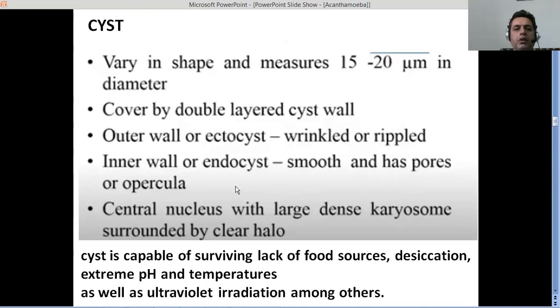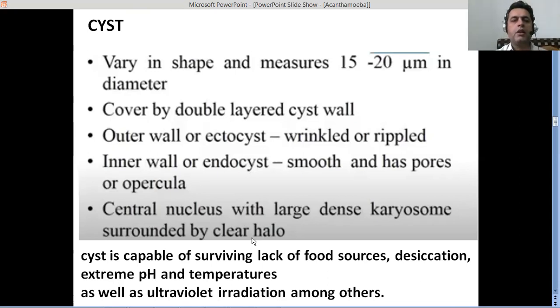has pores or opercula. These opercula or pores are for excystation, when the parasite has to come out of the cyst and become active again when conditions are favorable. A central nucleus with a large dense karyosome surrounded by a clear halo is seen inside the cyst.